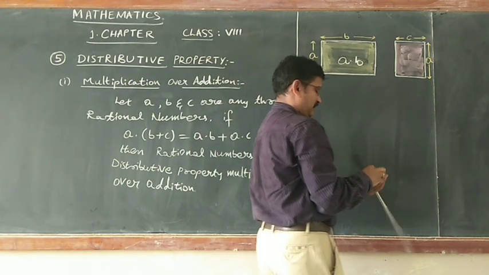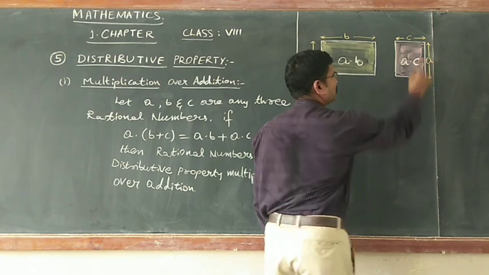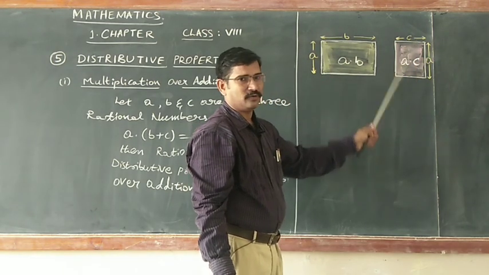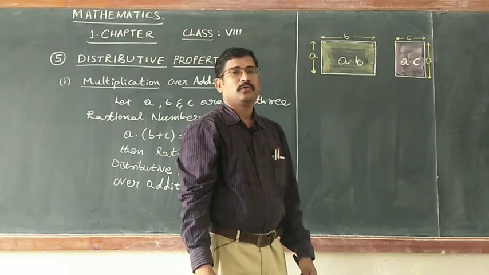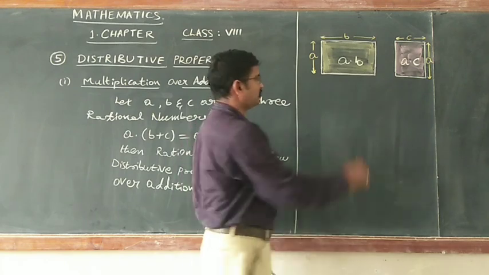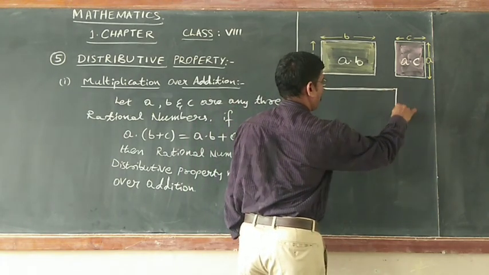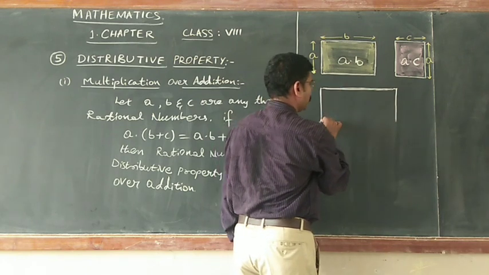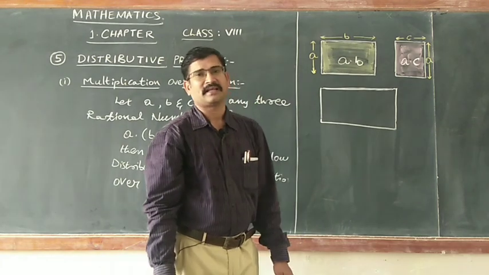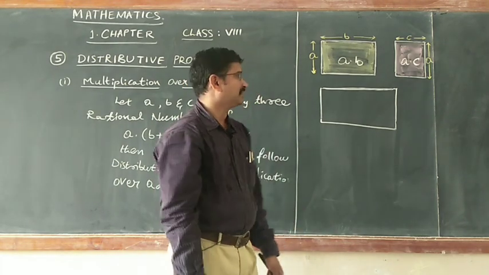It is the product of both the dimensions, that is length and breadth, A into C. Now, the question comes, if I join both, putting together gives a big rectangle. Now, what are the dimensions of it?